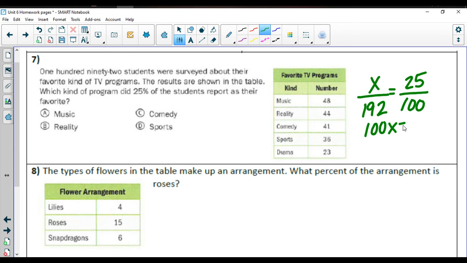So in doing this, 100x equals 4,800. Divide through by 100 on both sides to get my x alone, and I get x equals 48. So because x is 48, we need to match that on our list, which is right here, and it's music. So that is our answer choice.